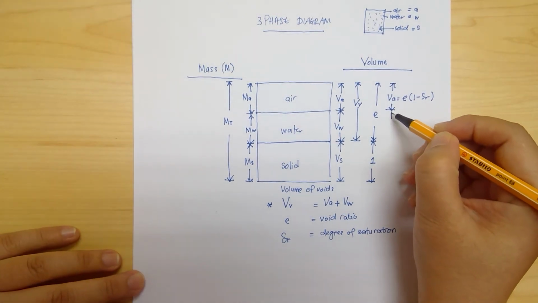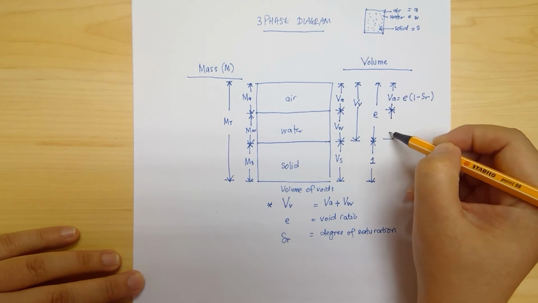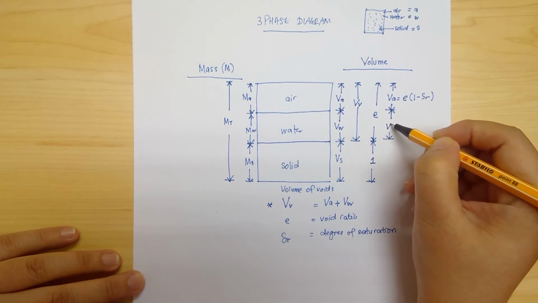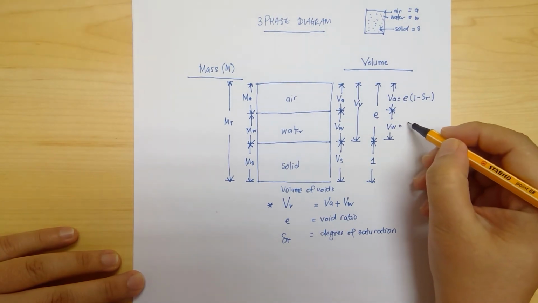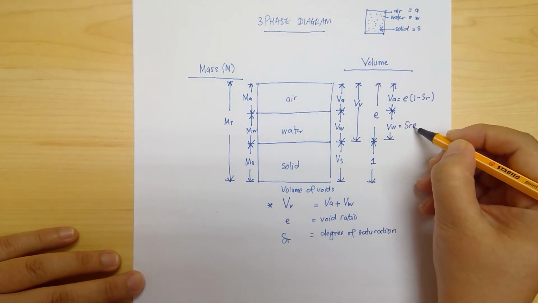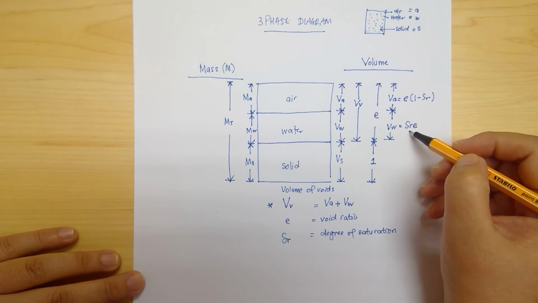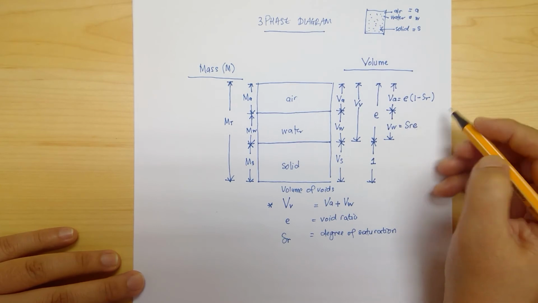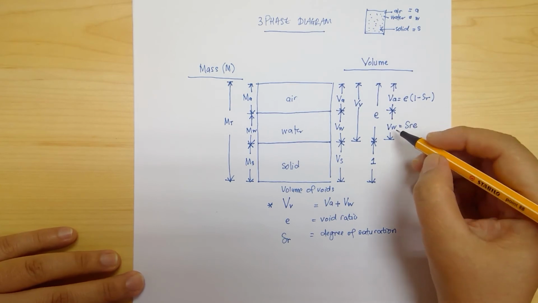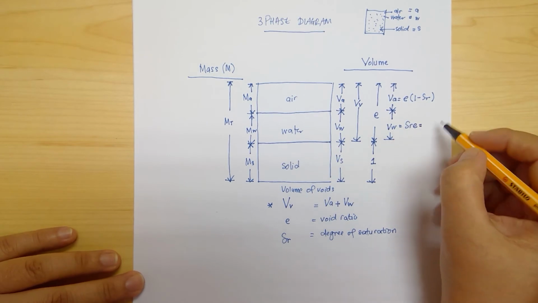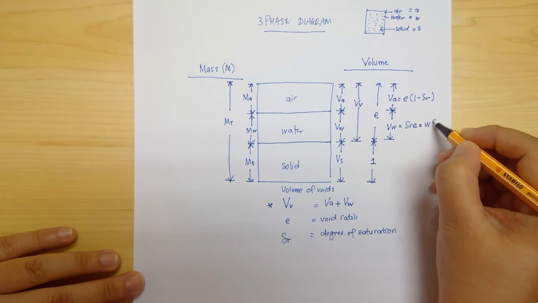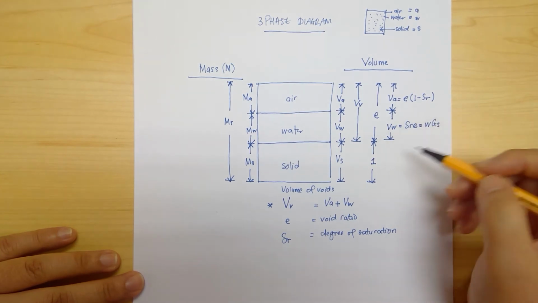For this portion, this is the volume of water. Volume of water is given by Sr e, meaning the degree of saturation multiplied by void ratio. And volume of water can also be represented by the equation w Gs.